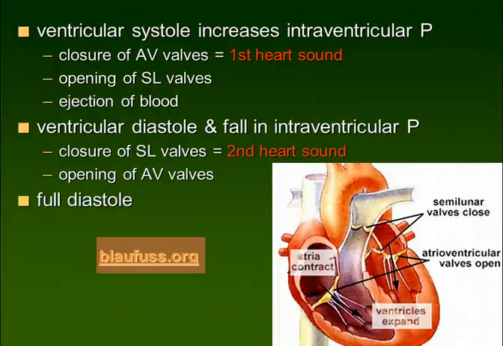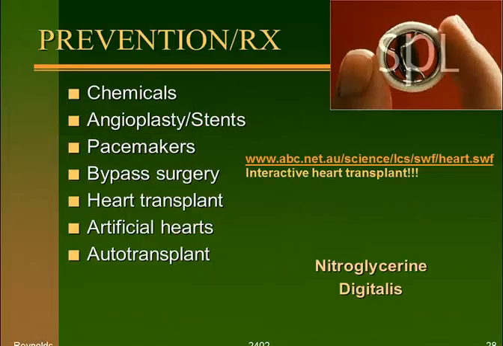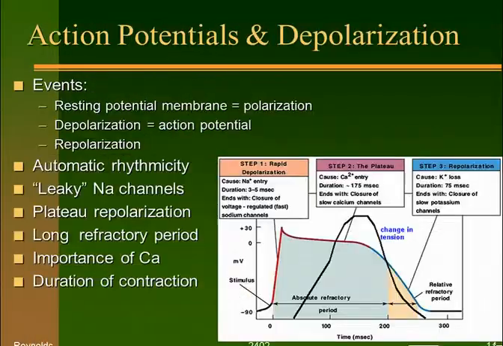One more thing I should point out, I'm going the wrong way again, it just jumps, is think back to tetany that you studied in skeletal muscle. This refractory period, you see it at the bottom.